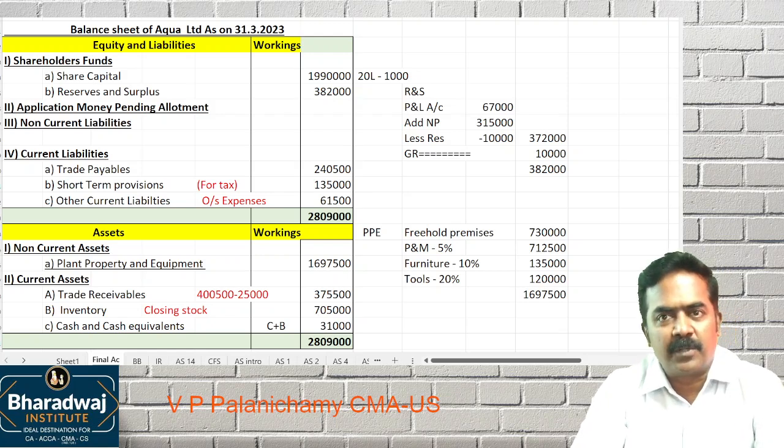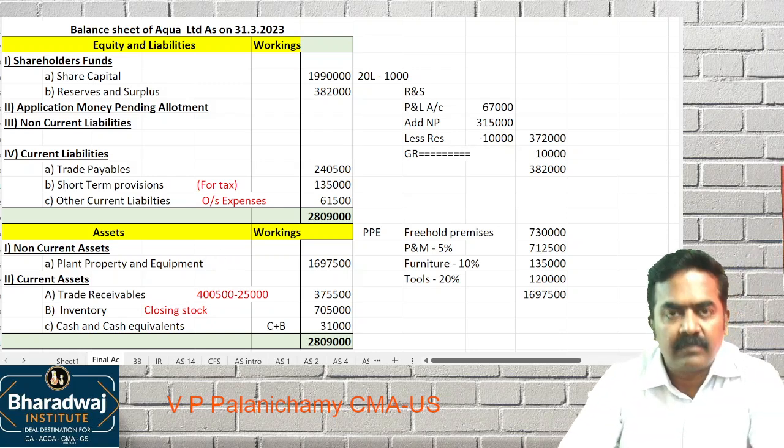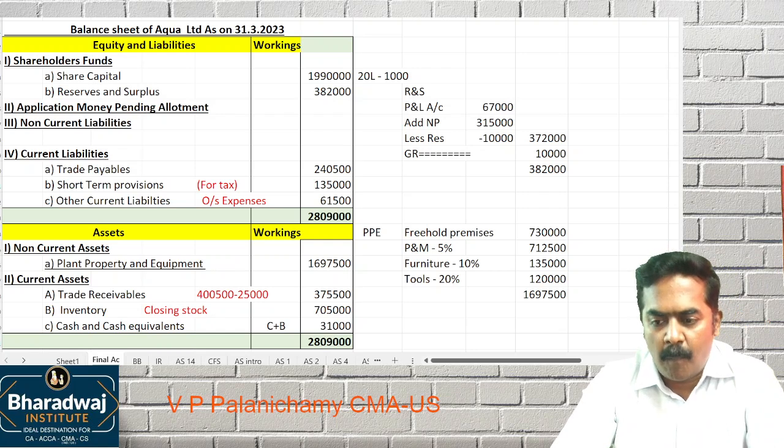Only the working notes with respect to P&L account. All of this, have you completed?